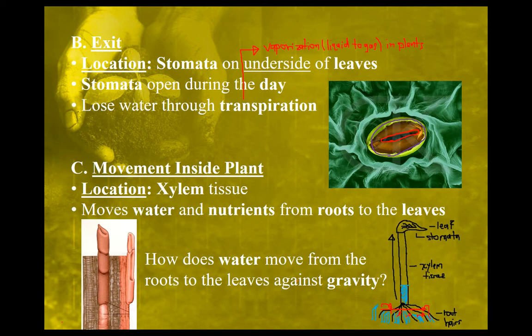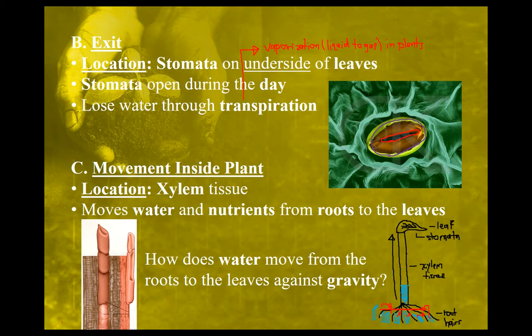Now, if water goes into the root hairs, what's it going to do to this water that's already sitting in here? Well, if you bring more water into the xylem tissue, it's going to take this water and push it up.